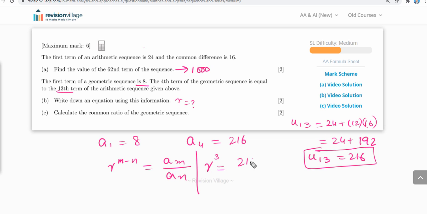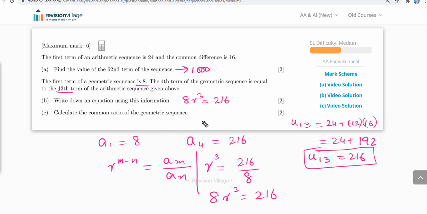So a of m is 216, a of n is 8. So 216 over 8 will give us 27. But because we have to just write down the equation, I'll write it as 8r cubed equals 216. So this will be my equation for this information. 8r cubed equals 216.